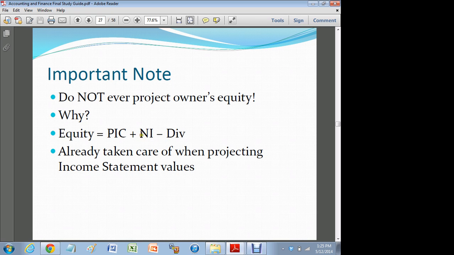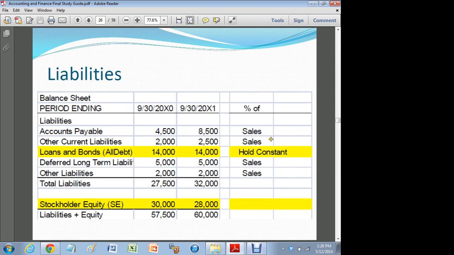This is taken from the income statement. This, we're usually told what the policy is. Also, we don't project owner's equity directly. The income statement takes care of part of it, and the other ones have their own rule. So everything here we would project, but we leave this one alone for now.